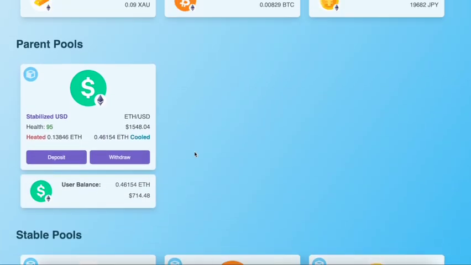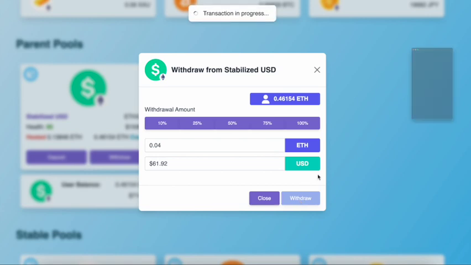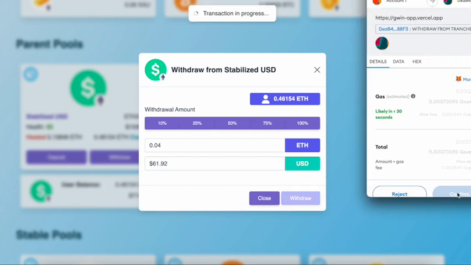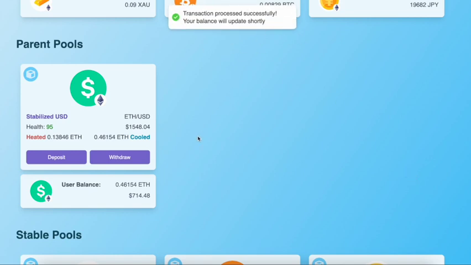Let's withdraw some. We can see right here this pool has a kind of lowering health, so we're at 95. It's not bad at all. It's going to do just what we want it to do. But let's withdraw just because we want to ensure the best health possible, which isn't really a bad idea. So we're going to withdraw $61 worth of our stabilized USD. Let's withdraw that, confirm our transaction, process successfully.